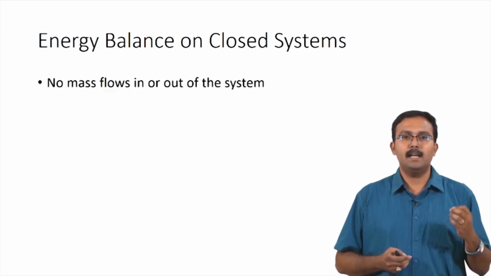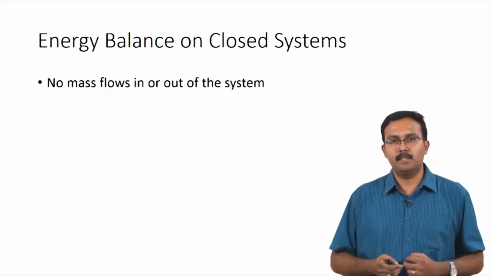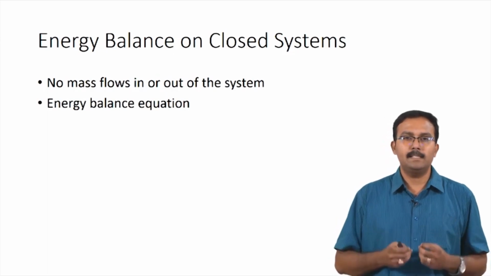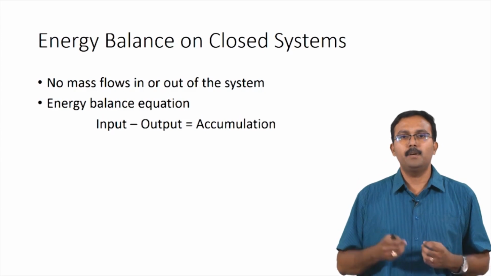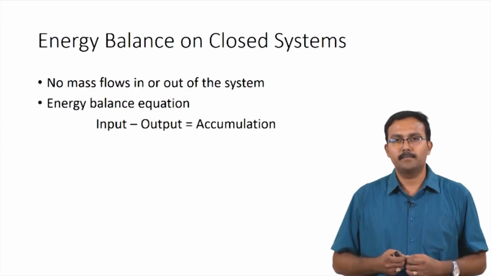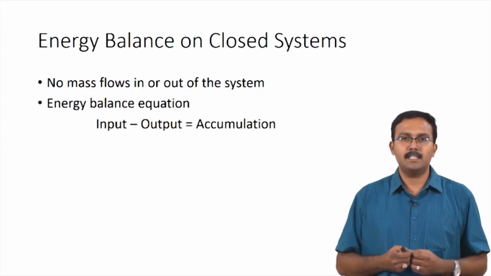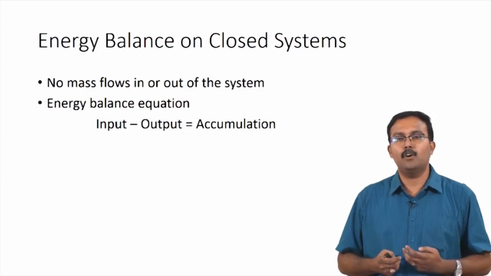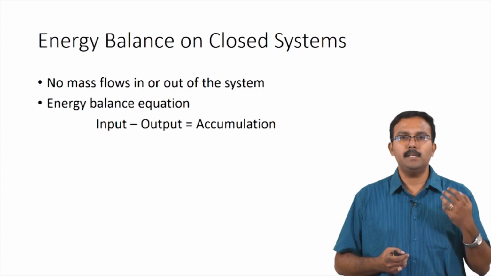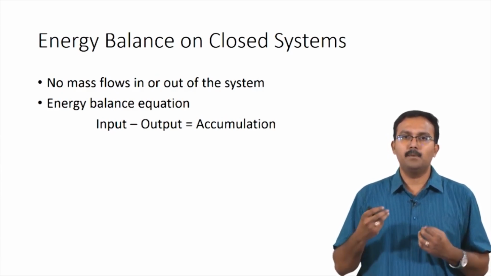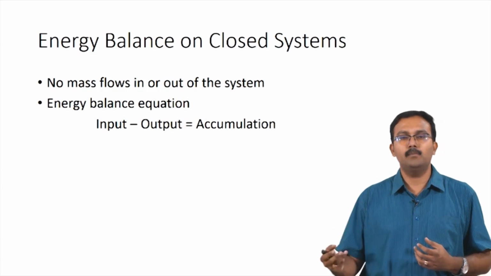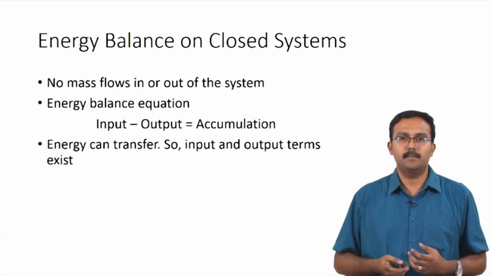We need to understand that there is no mass flowing in or out of the system. Energy balance for this would be written like input minus output equals accumulation. So, you do not have generation and consumption terms for energy, because energy can neither be created nor be destroyed. So, this means input and output are the only terms which you would have, and accumulation will go to 0 at steady state.